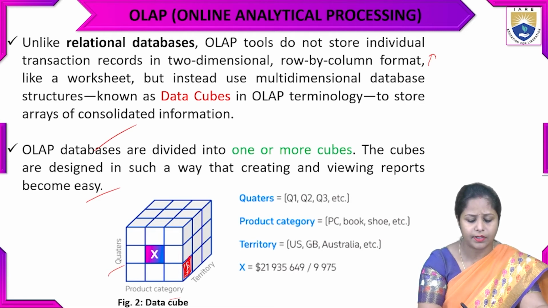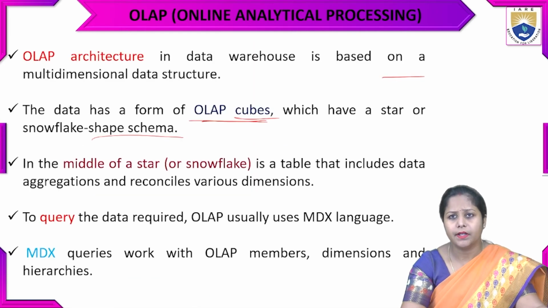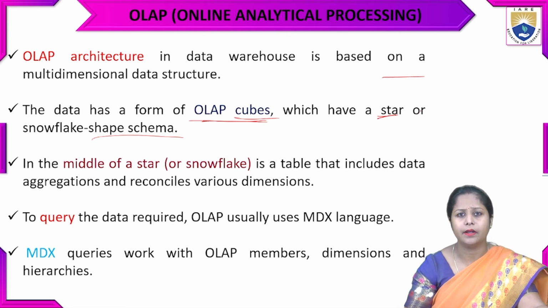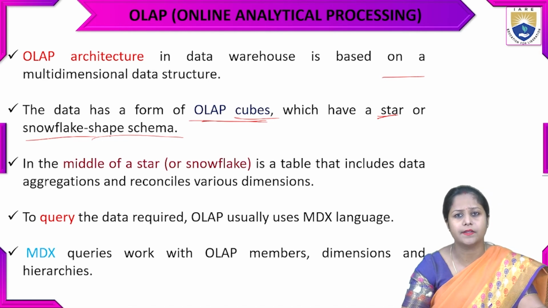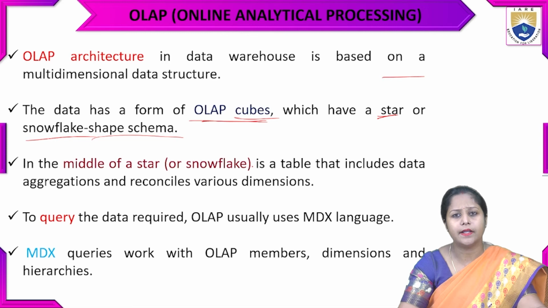What is this? This represents multiple schemas, which have a star-like schema, or can be a snowflake-like schema, etc. In the middle of a star or snowflake, there is a table.